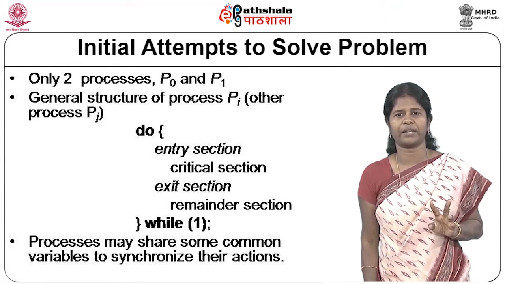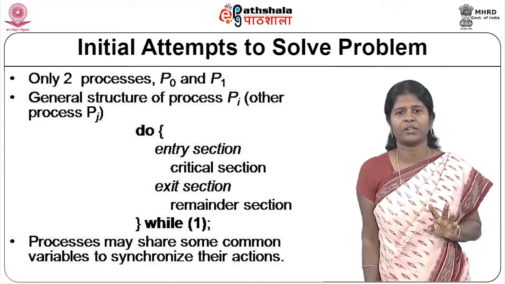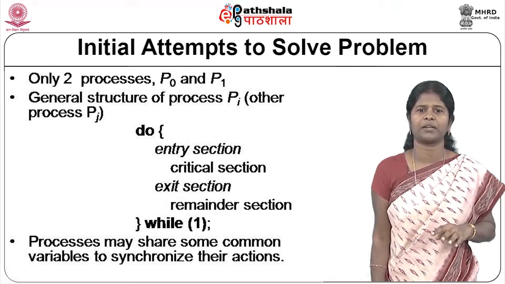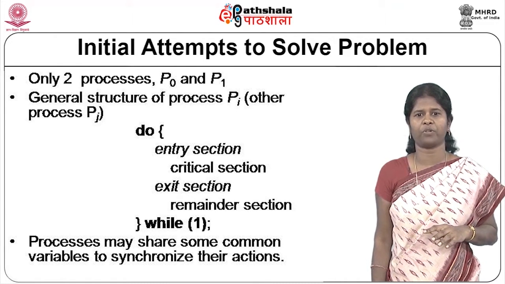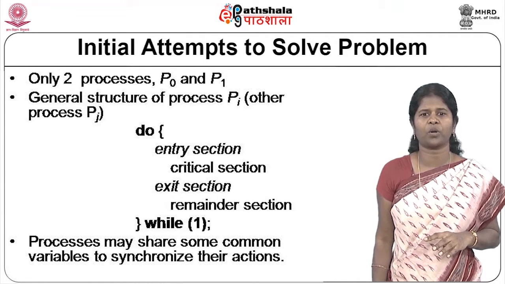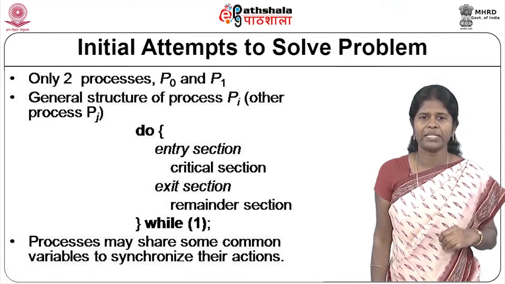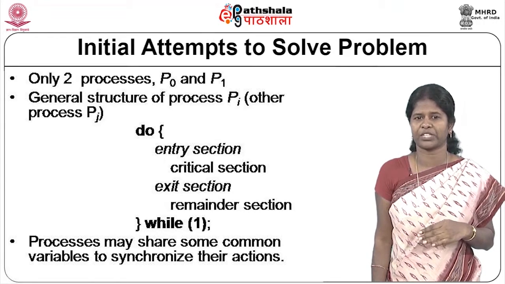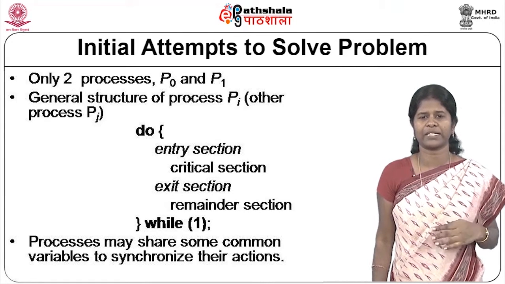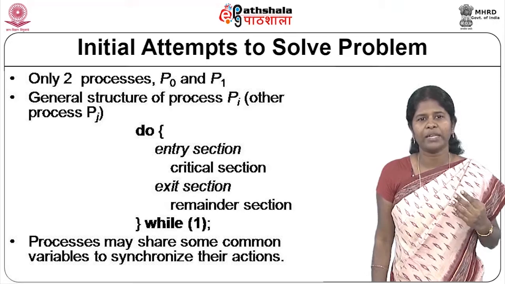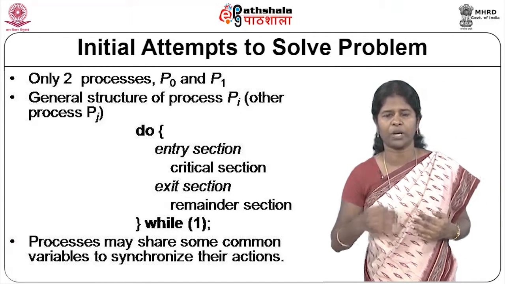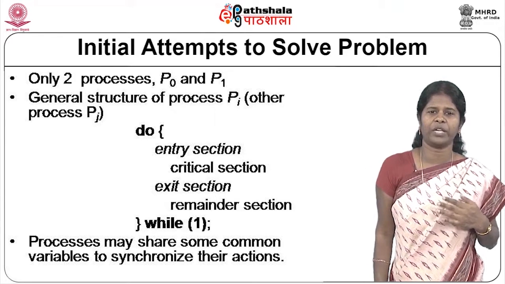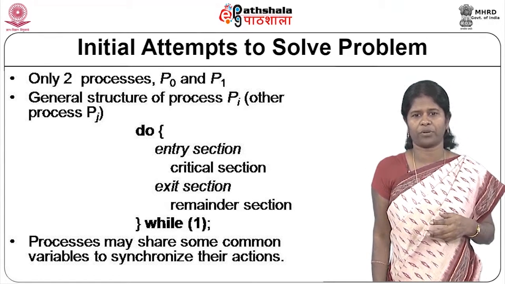The general structure of any process willing to enter the critical section looks like this: there is a critical section of code, and an entry section, a place where a process will request to enter the critical section. After the critical section is over, there is an exit section which the process executes after coming out, and then the remainder section of code.